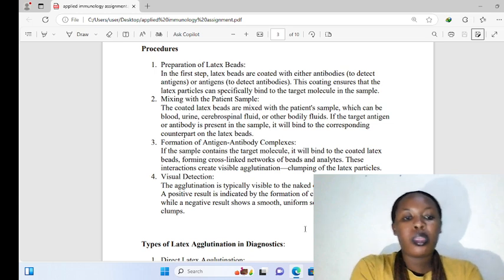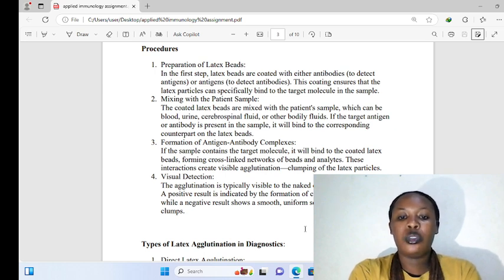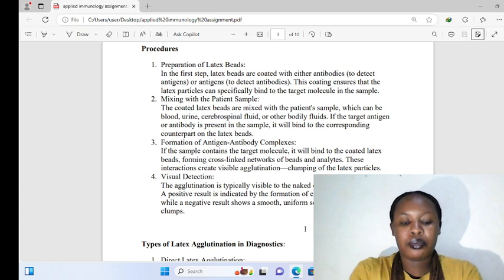First of all, we prepare latex beads. In the first step, latex beads are coated with either antibodies or antigen. This coating ensures that the latex particles can specifically bind to the target molecule in the sample. Second is mixing with the patient sample.